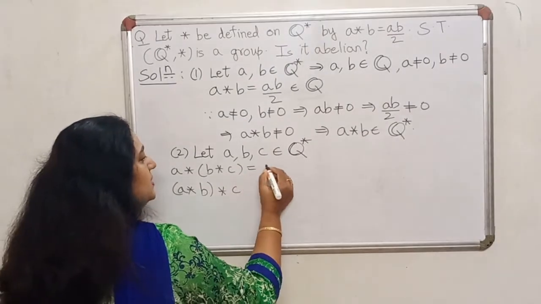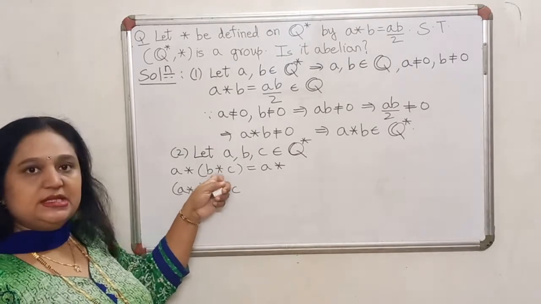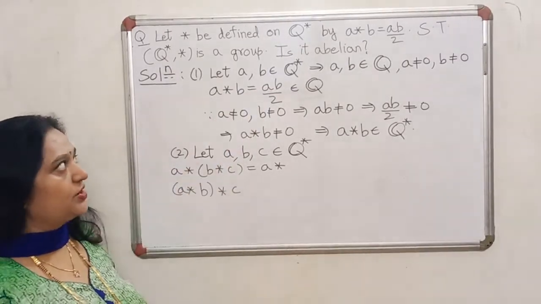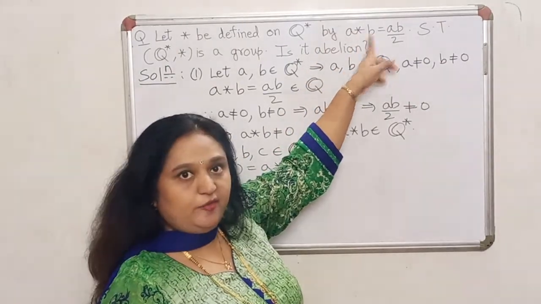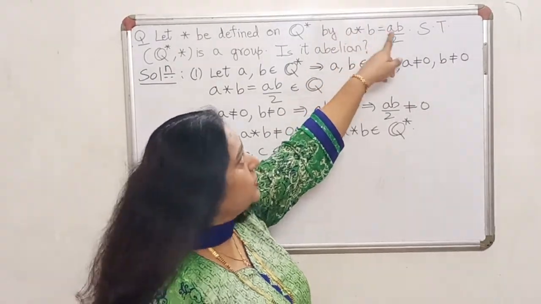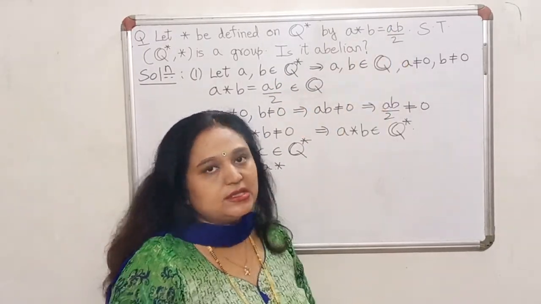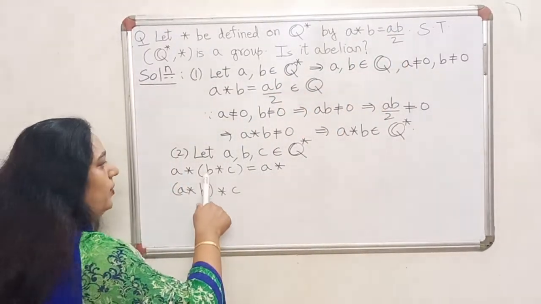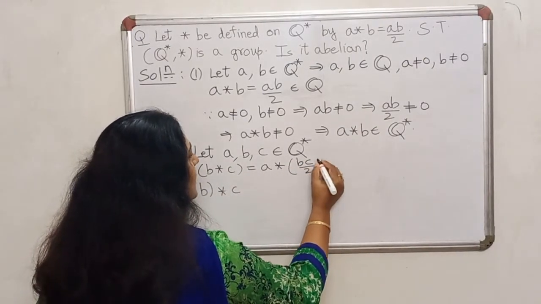Now in the first case, we have to first simplify B star C. Look at the operation once again. First element star second is first multiplied by the second upon 2. Product of the 2 elements divided by 2. So by that formula, B star C will be BC upon 2.